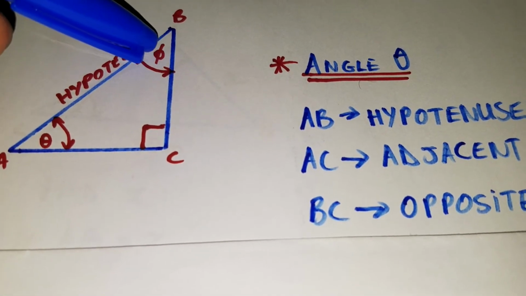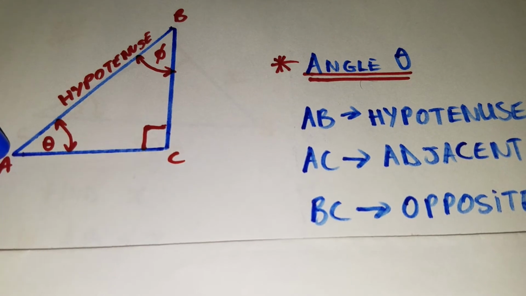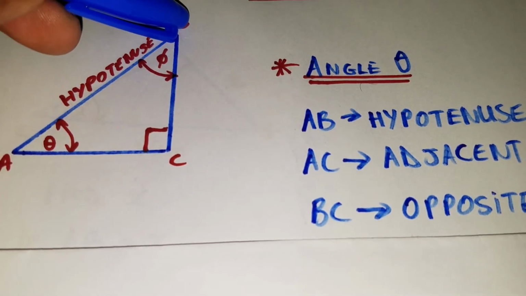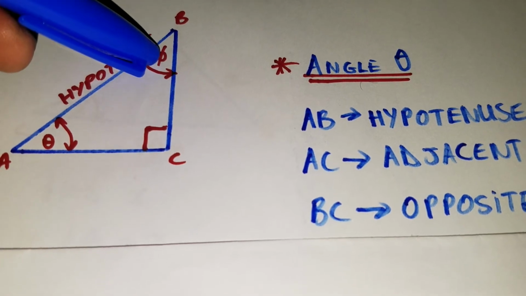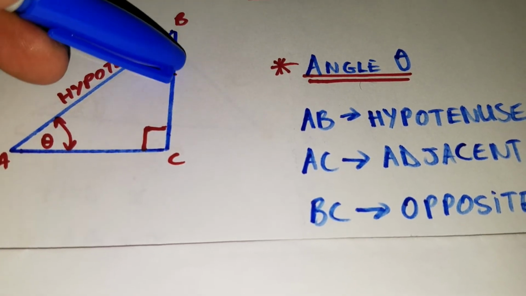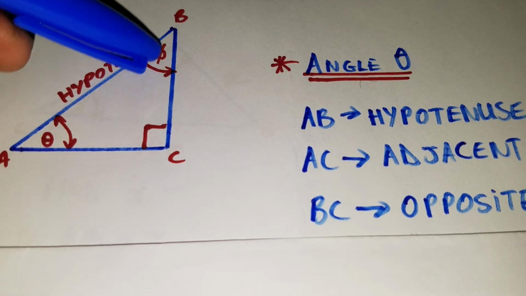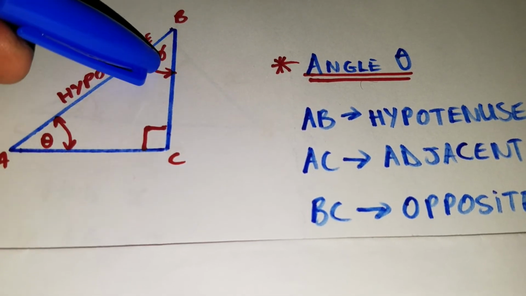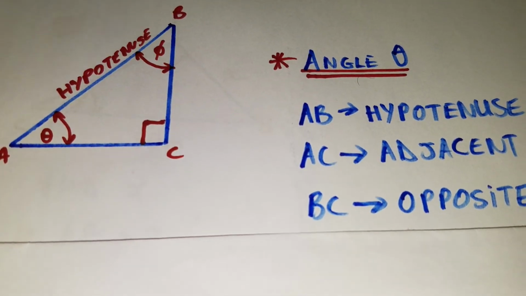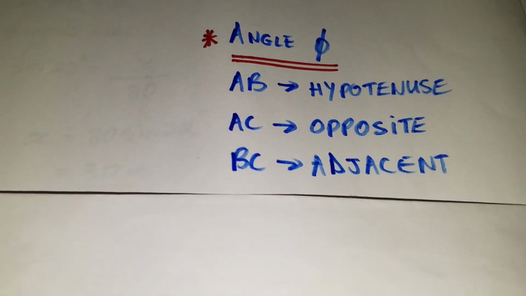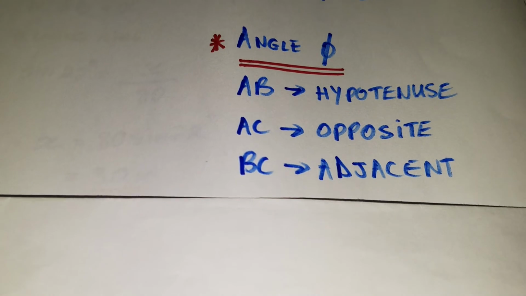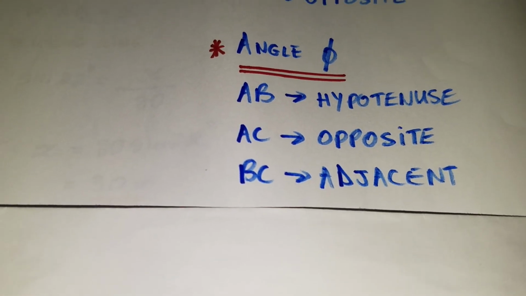Now, if we're dealing with angle phi, the hypotenuse will be AB. AC, however, would be the opposite to phi, while BC would be the adjacent to phi, because BC is the one that is right beside the angle phi. So, same thing as right here: for angle phi, AB would be the hypotenuse, AC would be the opposite, and BC would be the adjacent.